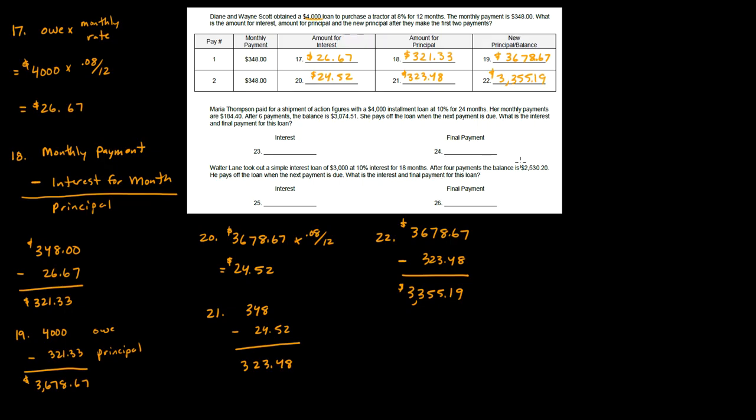Well, at that moment that he wanted to pay it off, remember, to find the amount that goes toward interest, you take what you owe and you multiply it times your monthly rate.